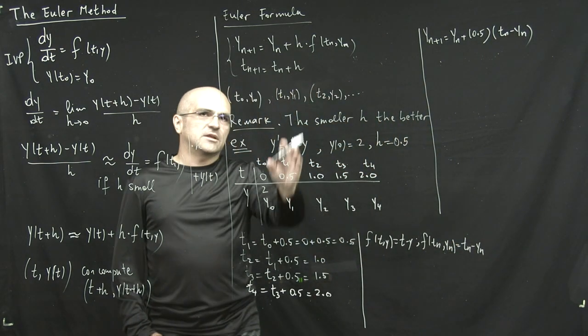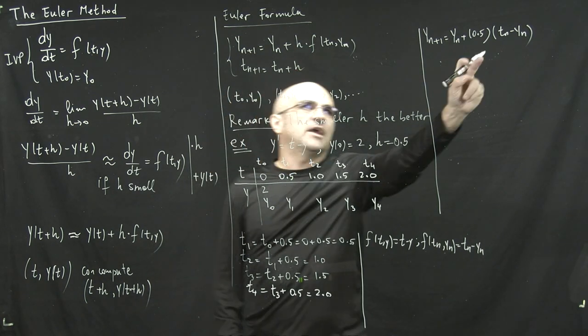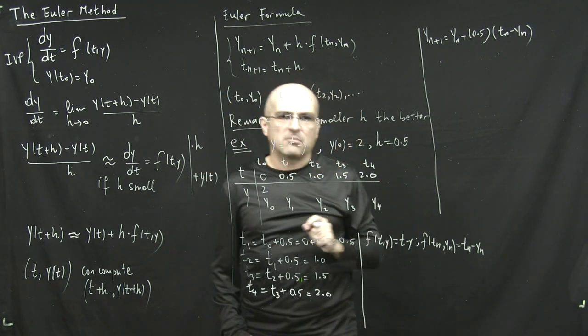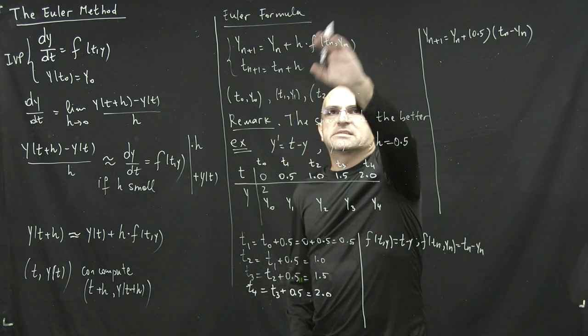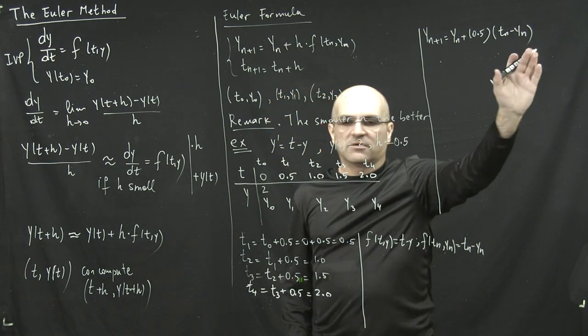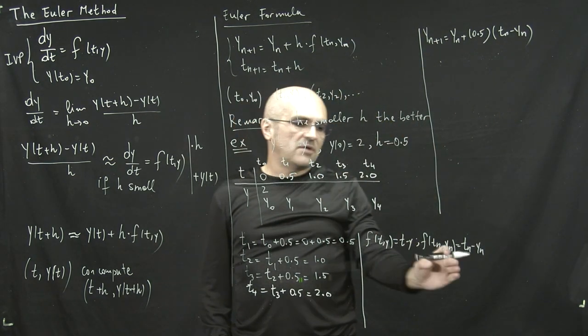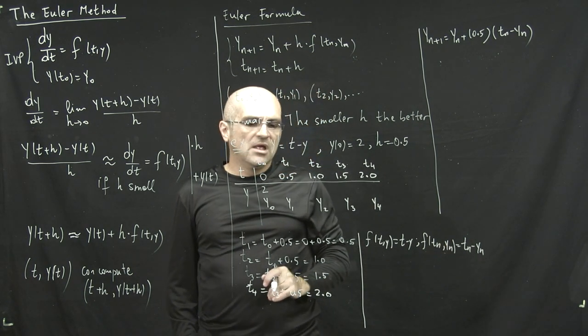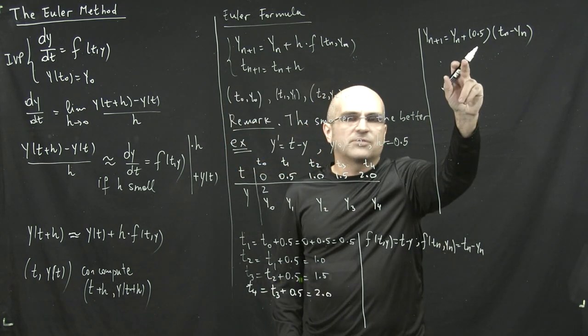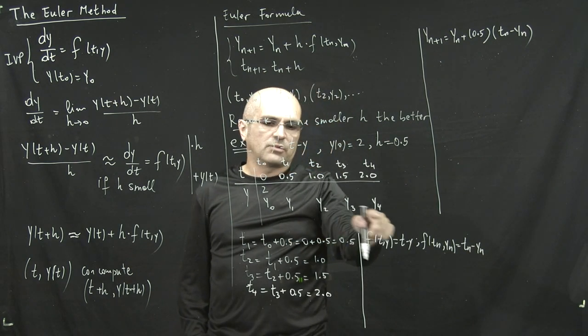So you write the formula with the value of h that you picked in the problem, and whatever the right hand side is, applied to tn and yn. Now you apply this formula repeatedly to compute y1, y2, y3, y4.